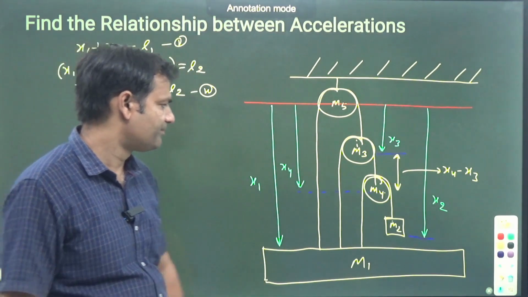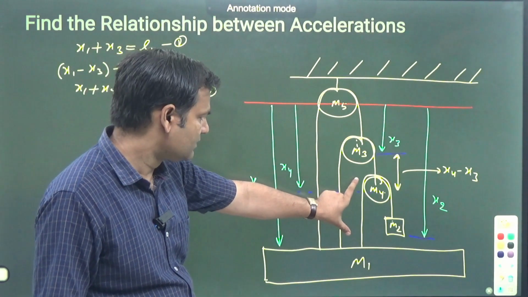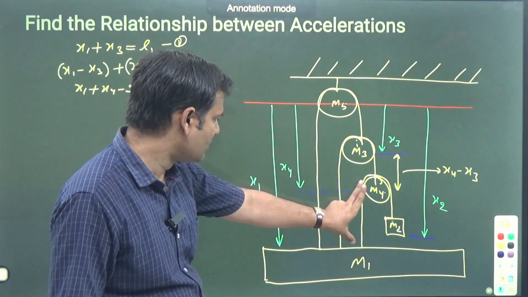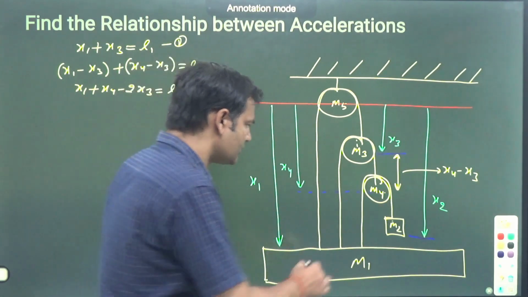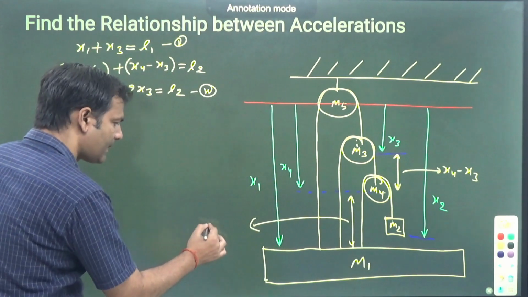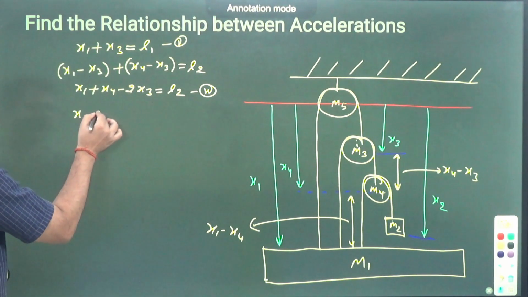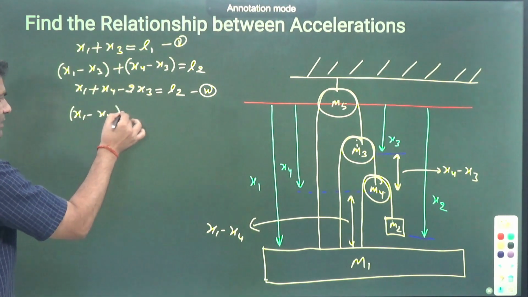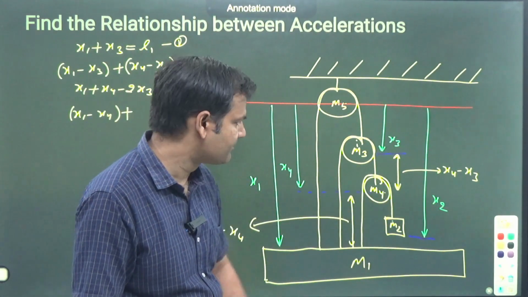Now next one, look here. This is a string. Okay. What about the length of this string? Here x1, here x4. So the length of this string is x1 minus x4. So it is written as x1 minus x4, plus what about the length of this string?